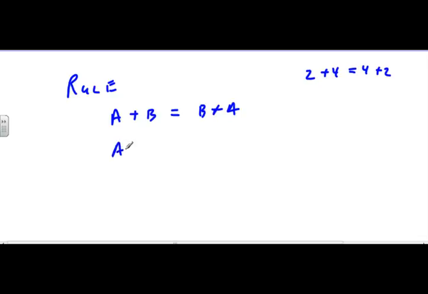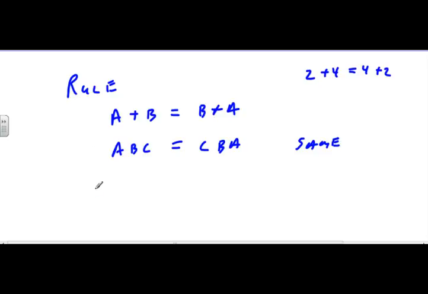Another rule: A and B and C is the same as C and B and A. They're the same. That's the commutative law of multiplication, what we called it in 9th grade. Now we're calling it Rule 2.